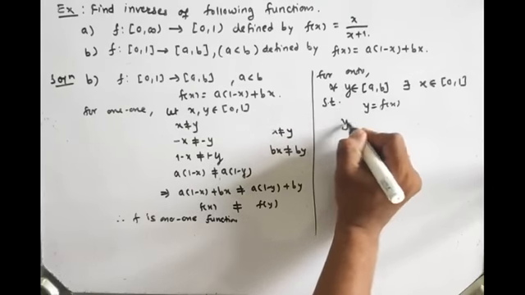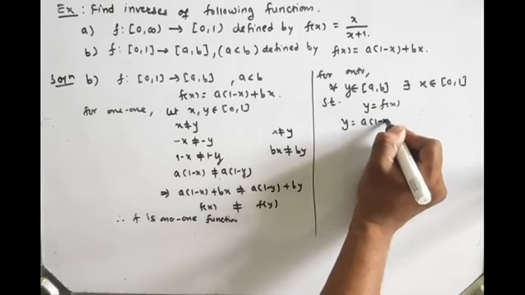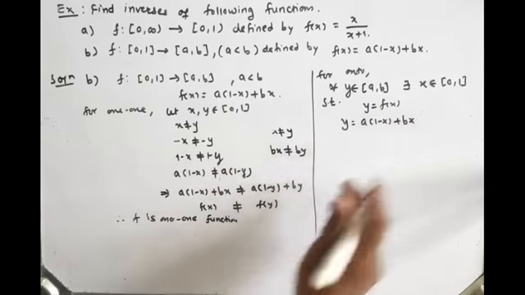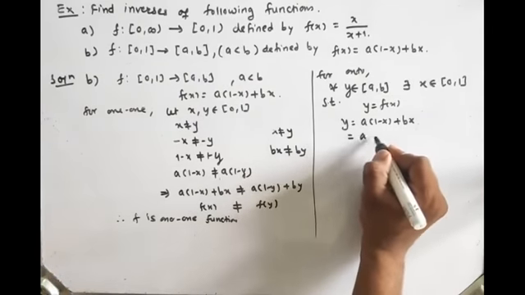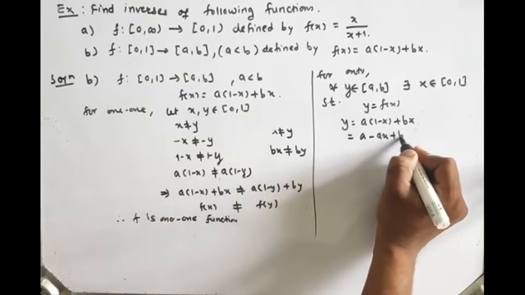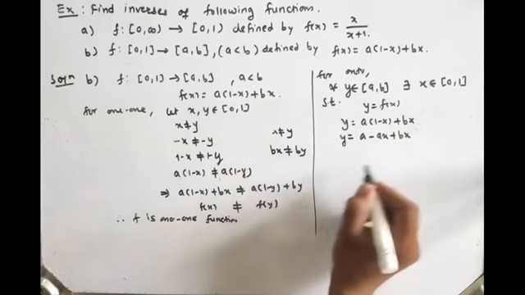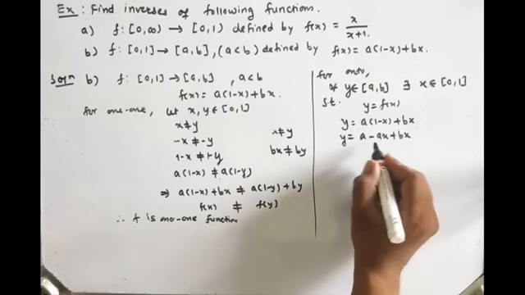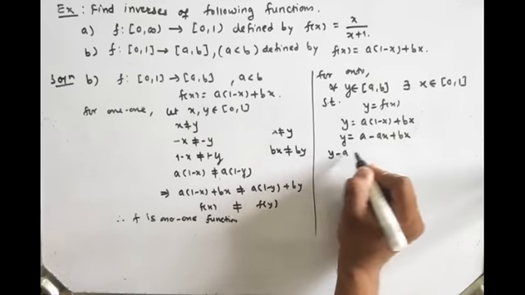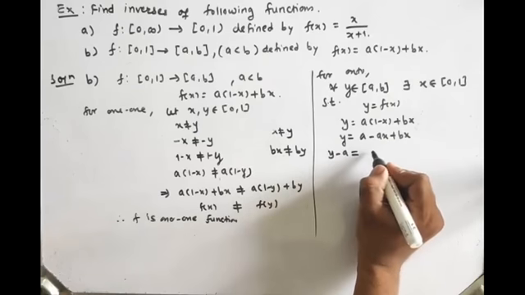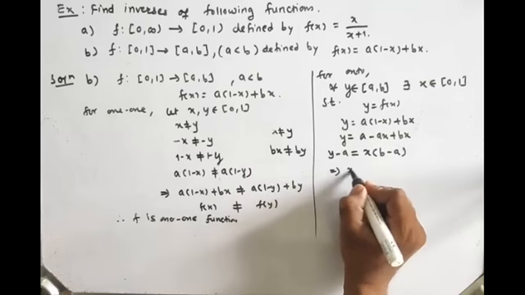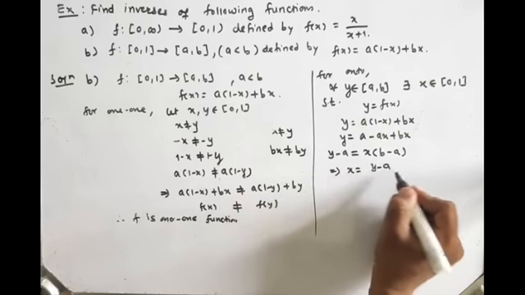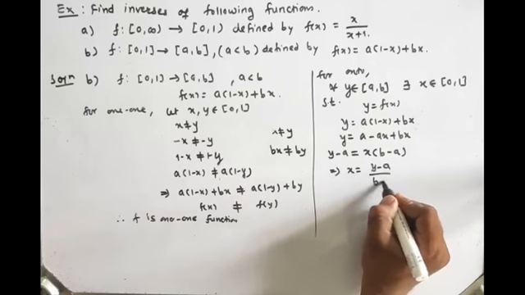So y is equal to f of x, which is a into 1 minus x plus bx. Now to solve this for the value of x, I get a minus ax plus bx, which is y. So y minus a is equal to, taking x as common, b minus a times x. So x is equal to y minus a upon b minus a.